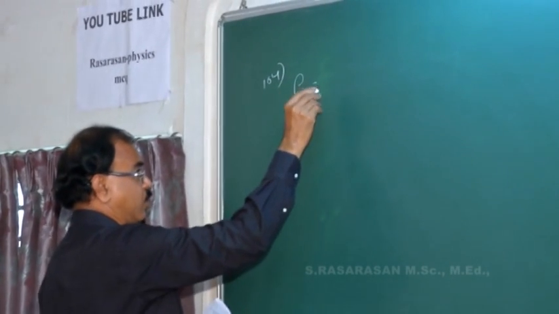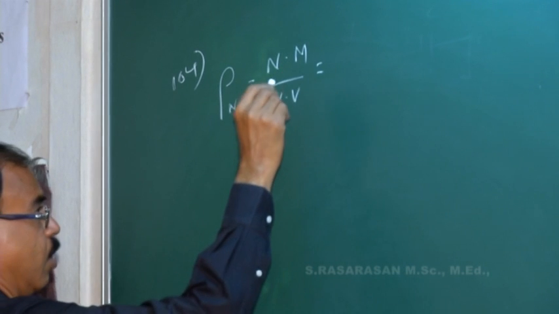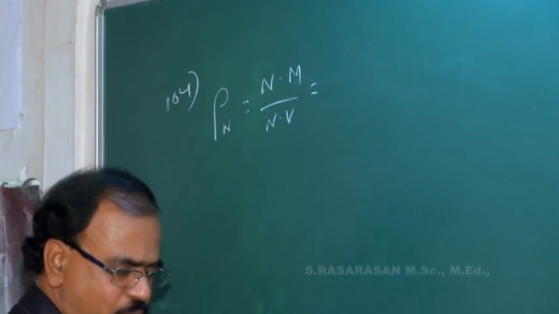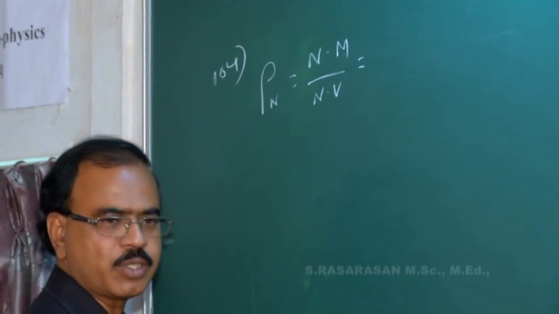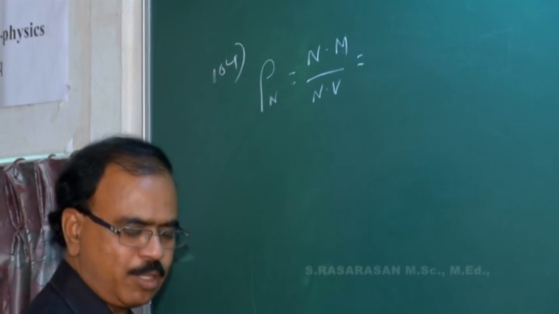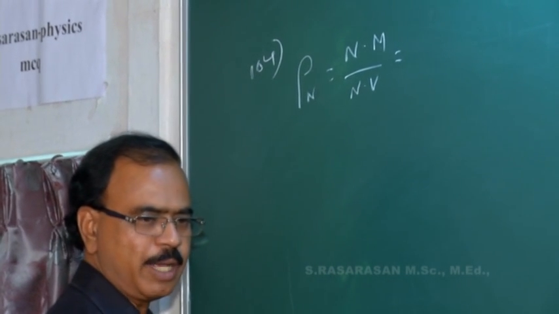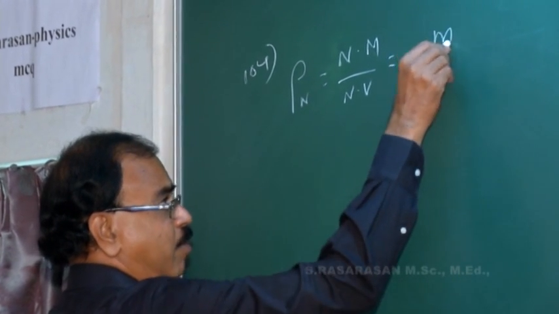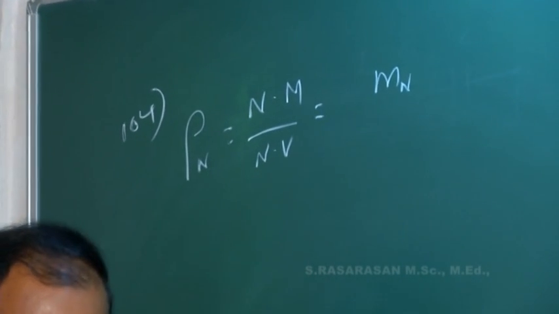Nuclear density is nuclear mass by nuclear volume. Nucleus is having nucleons. Protons and neutrons are called nucleons. Both are having the mass approximately equal, 1.67 × 10^-27 kilogram. So let Mn be the mass of one nucleon. How many nucleons are in the nucleus?